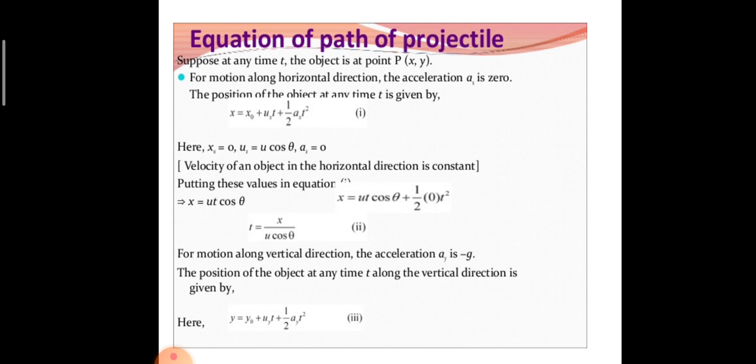Substituting the values as y0 is equivalent to 0 and uy is equivalent to u sin theta, we get y is equivalent to u sin theta into t minus half g into t square.